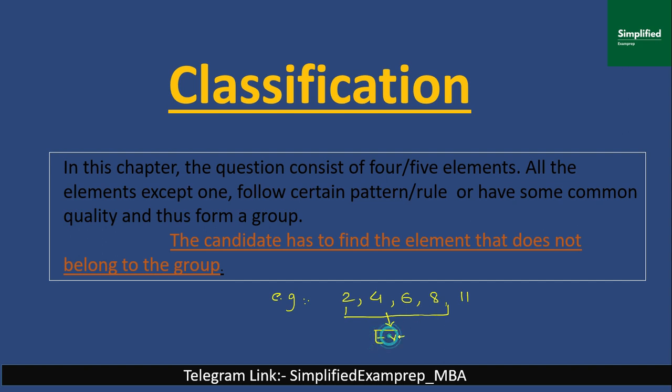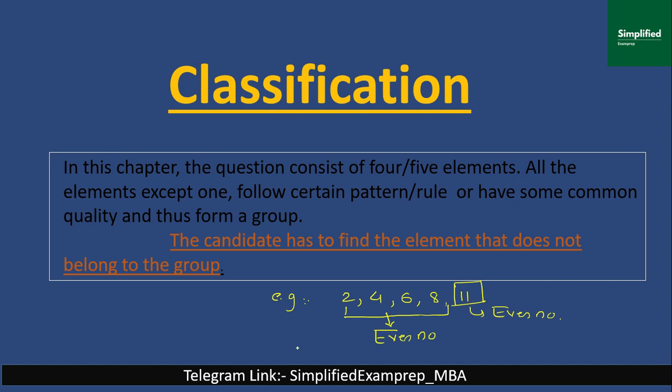But 11 is not an even number. That means 11 doesn't follow the rule followed by the other elements of that group. So what is our correct answer here? 11. In the questions of classification, you have to find that odd man which doesn't follow that specific rule.